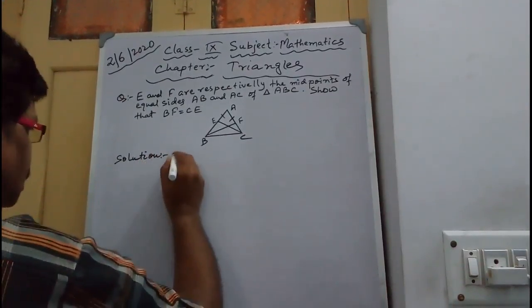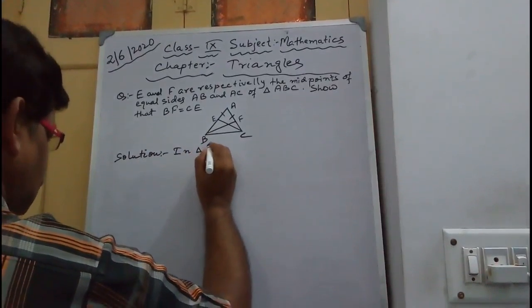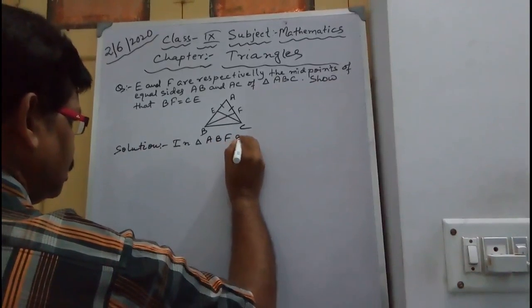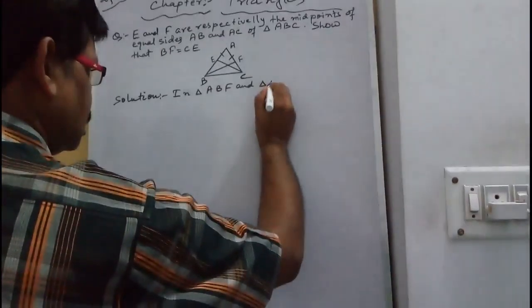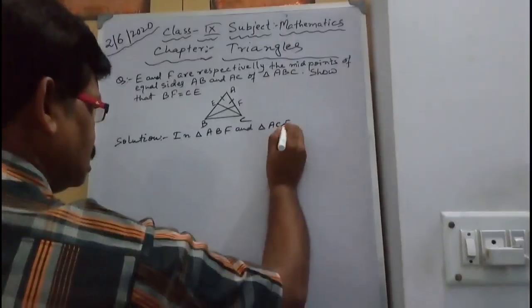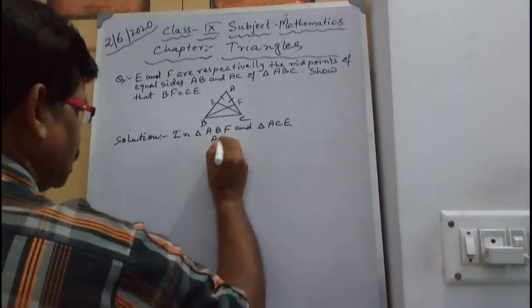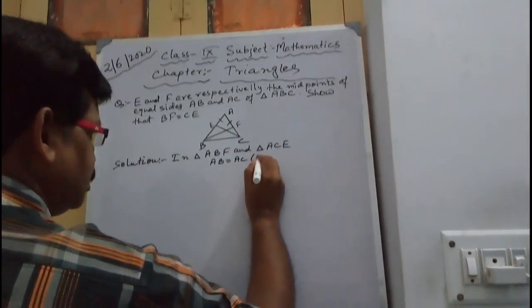So in triangle ABF and triangle ACE, AB equal to AC, that is given.